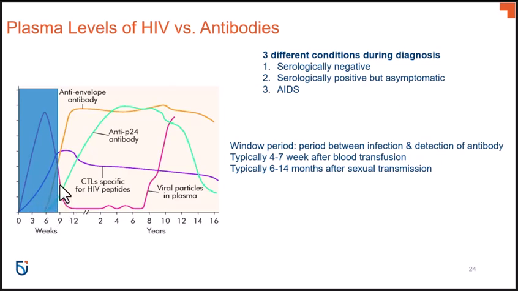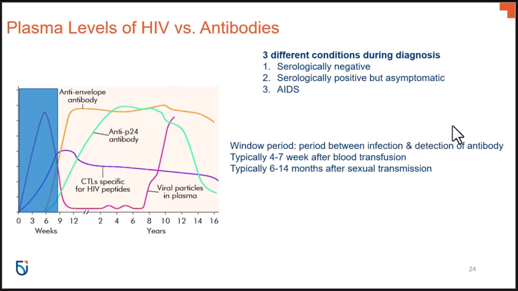The other situation can be that somebody is tested at the point when their antibody levels are increasing, where they would be serologically positive, but asymptomatic. And then there is the point where they are symptomatic, say full-blown AIDS, where they are both positive for the disease and symptomatic. We can call this region here the window period, the period between infection and the detection of your first antibodies.